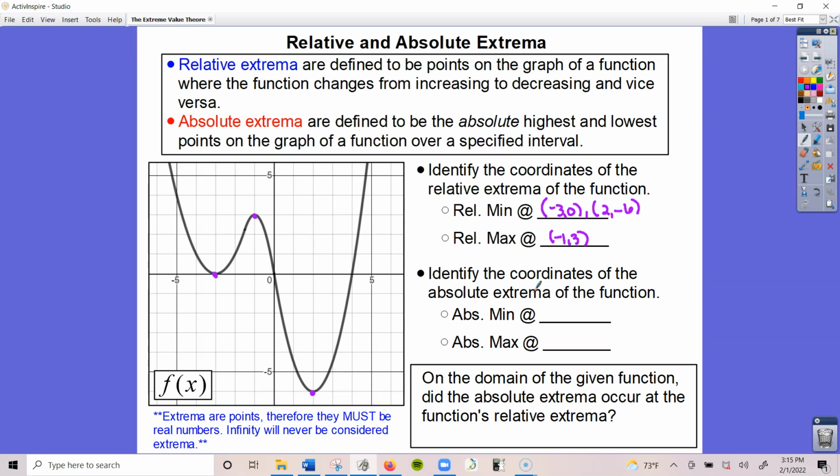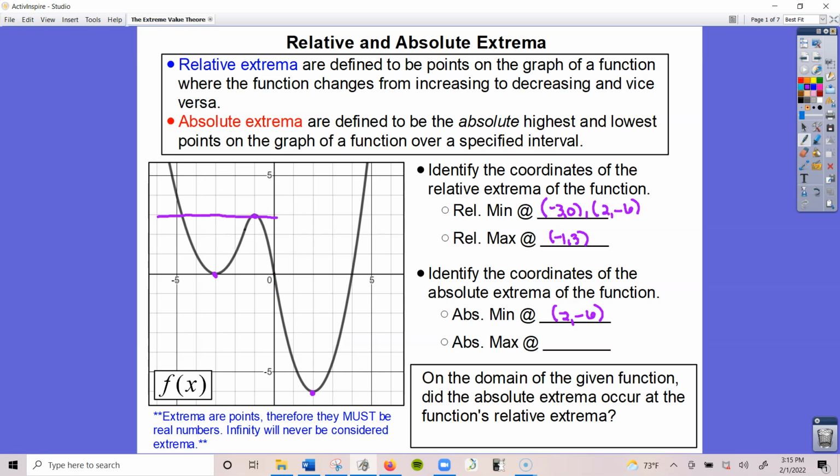Now, if we're going to identify the absolute extrema, your absolute minimum is the absolute lowest point on the graph. The lowest point on the graph is this one right here, which is the 2, -6. In terms of the absolute maximum, the only maximum we have is this one.